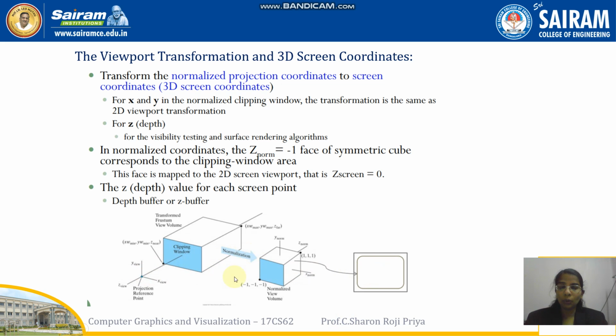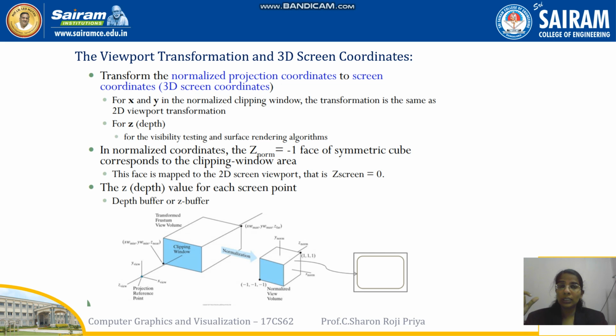Here this is my negative z axis. The face of the symmetric cube corresponds to the clipping window area. That is, this face of the cube that lies in the negative z axis will be mapped to my viewport, to my screen coordinates.